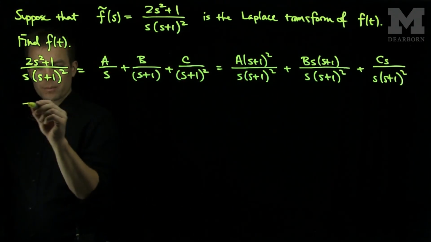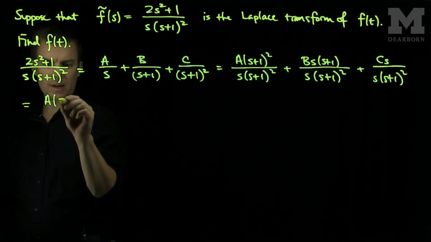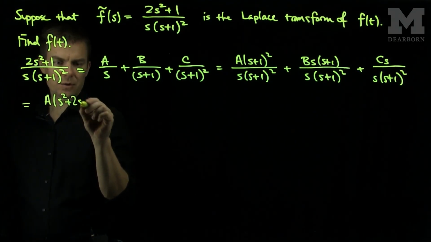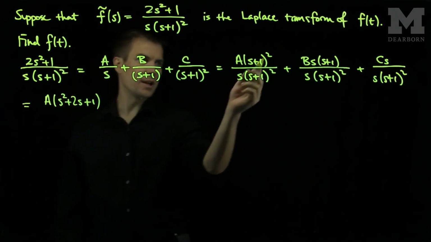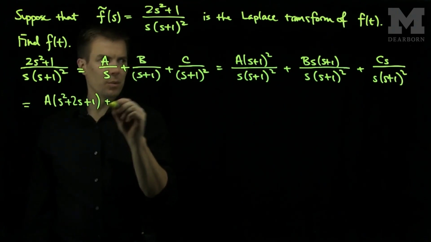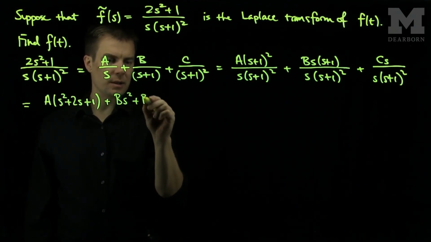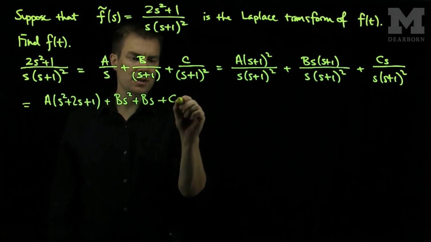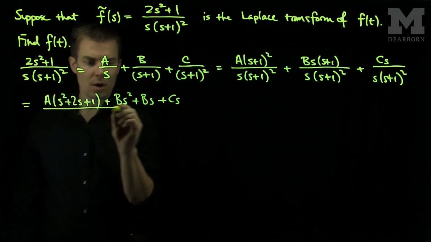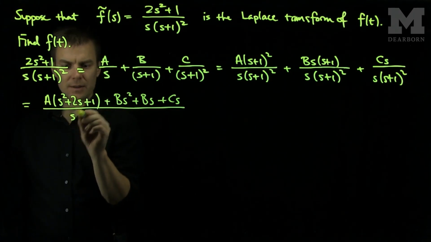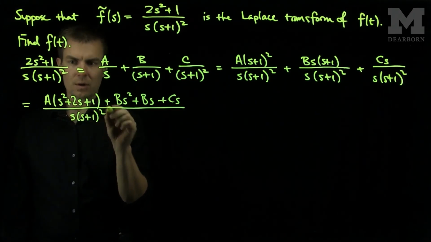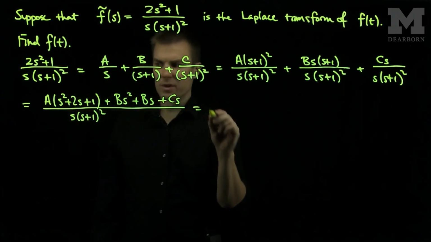So the numerator will simplify to a times (s squared plus 2s plus 1), that's (s plus 1) quantity squared, plus bs squared plus bs plus cs, all divided by s times (s plus 1) quantity squared. One more simplification.